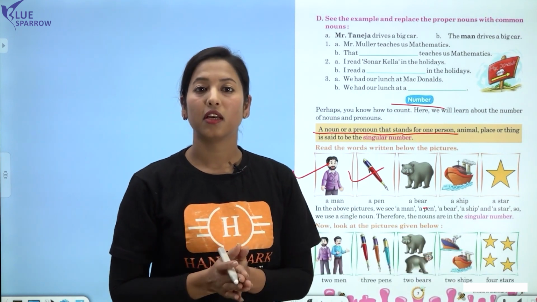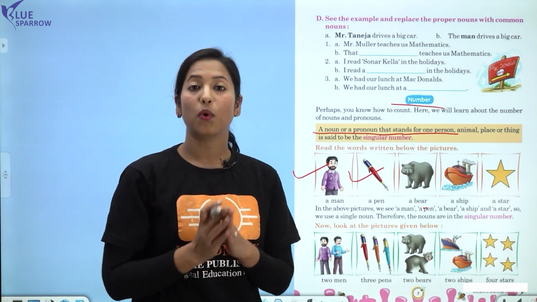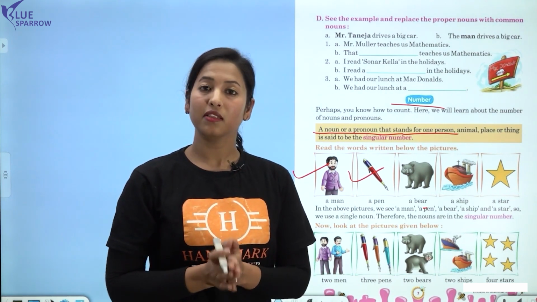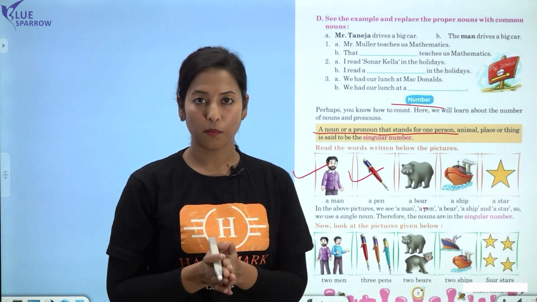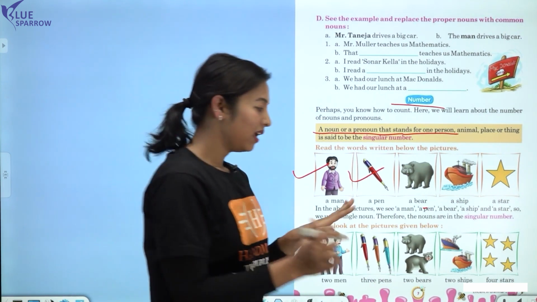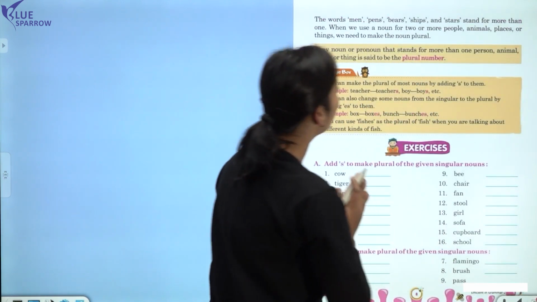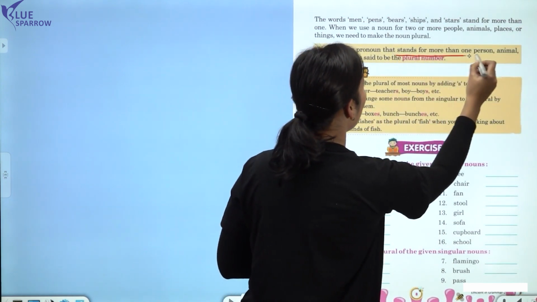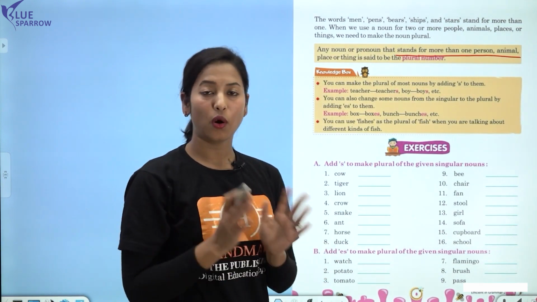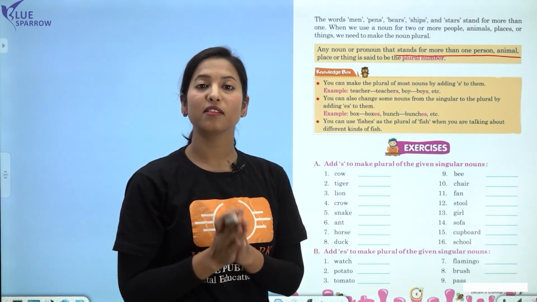What does it mean? These figures are more than one. So if we talk about something that is more than one in number, we call them as plural nouns. So any noun or pronoun that stands for more than one person, animal, place or thing is known as plural nouns.